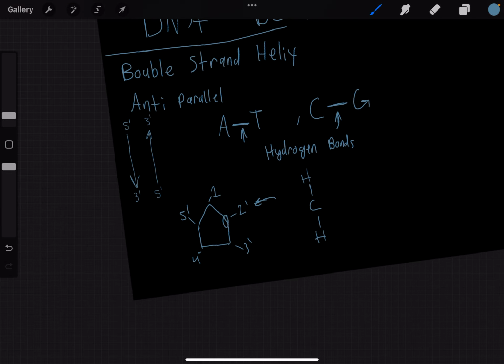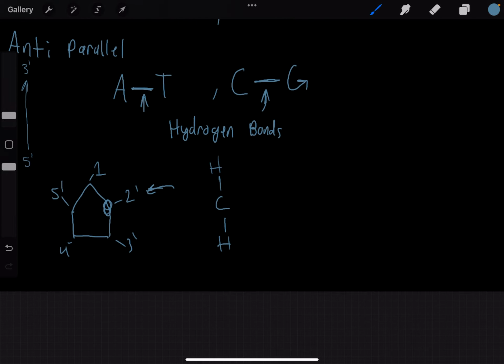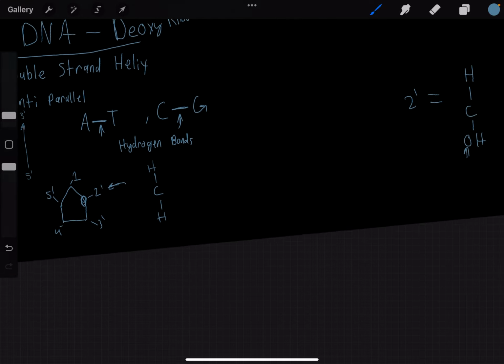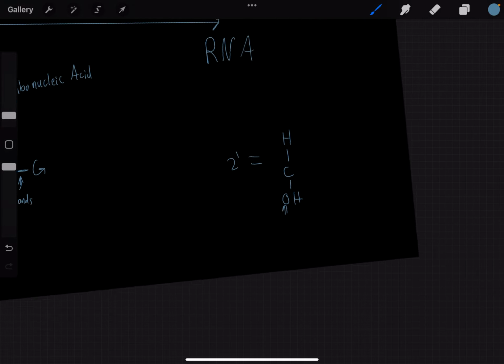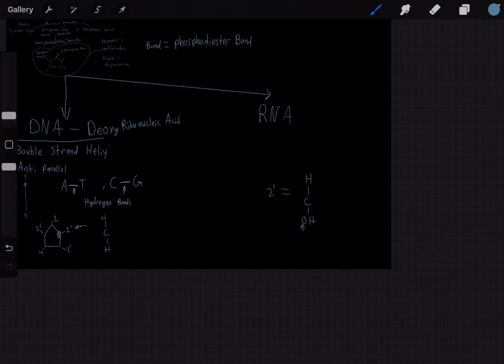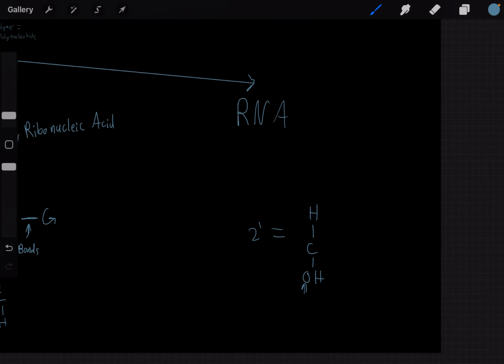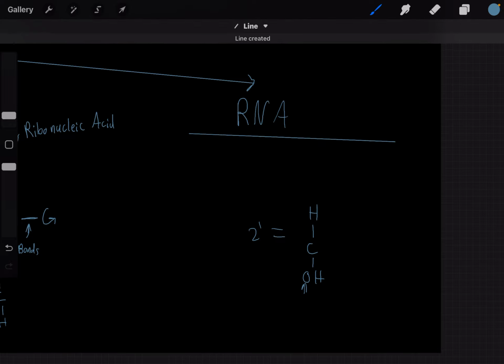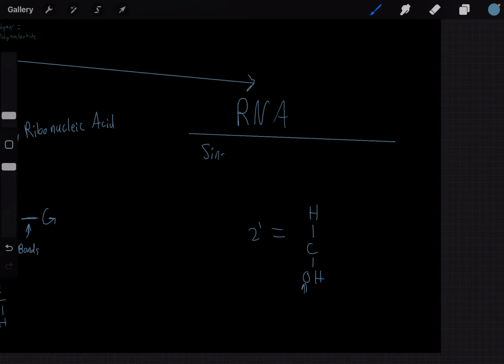At this second prime, it would either have no oxygen, which means it's DNA, deoxy, or it will have oxygen, which means it's RNA. And then, of course, RNA is going to be single-stranded.